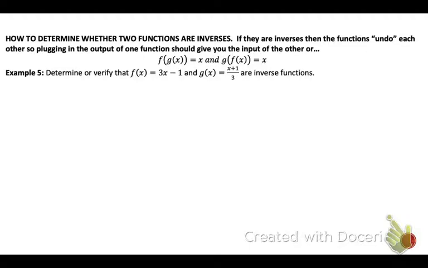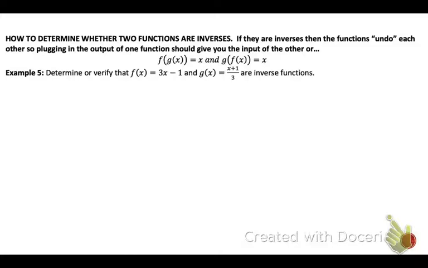Now there is a mathematical way, besides looking at the graphs, to tell if functions are inverses. If they're inverses, they undo each other. So plugging in the output of one function should give you the input of the other. So in general function terms, f of g of x will equal x, and then likewise g of f of x will equal x.